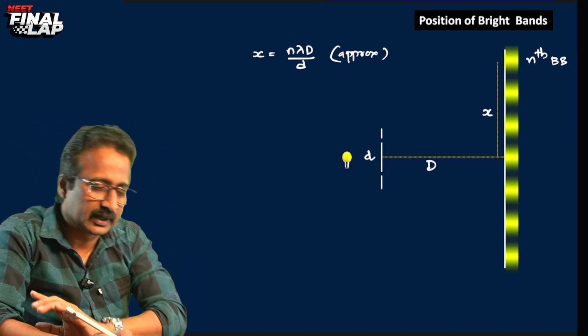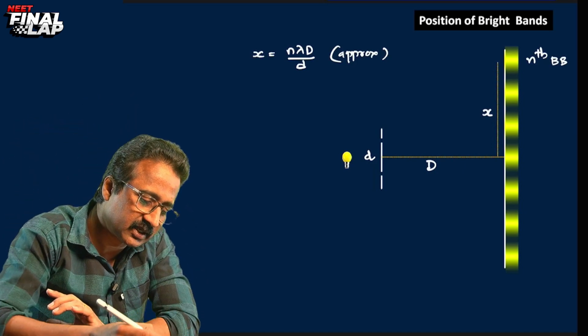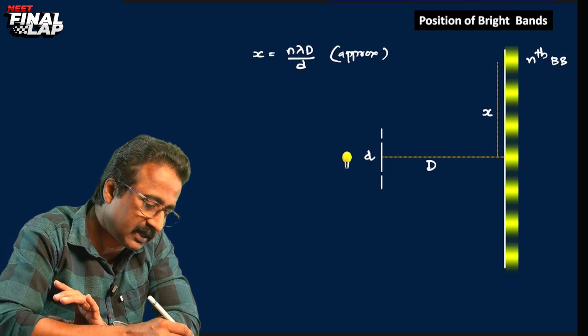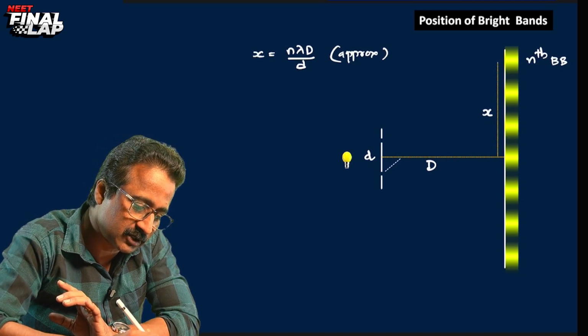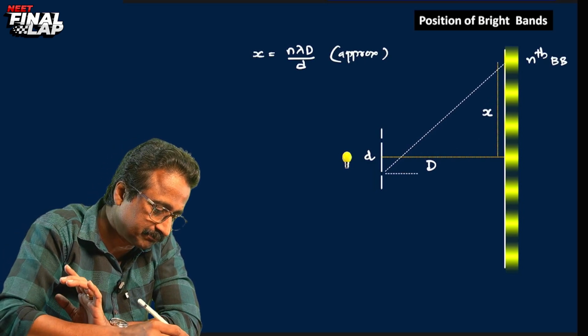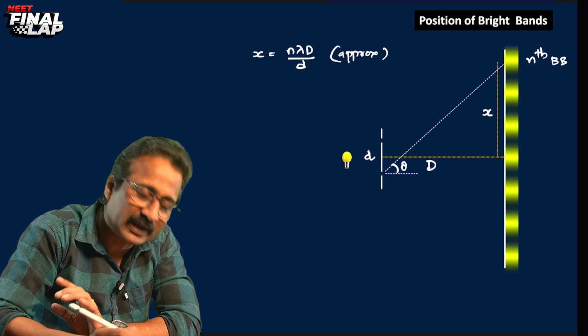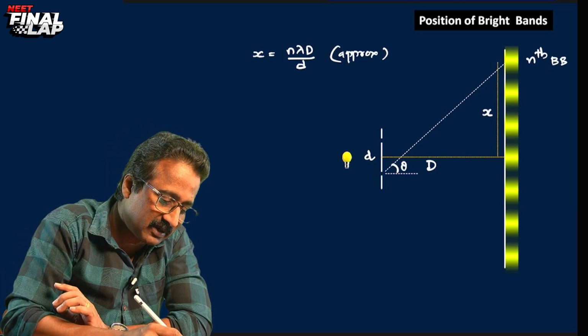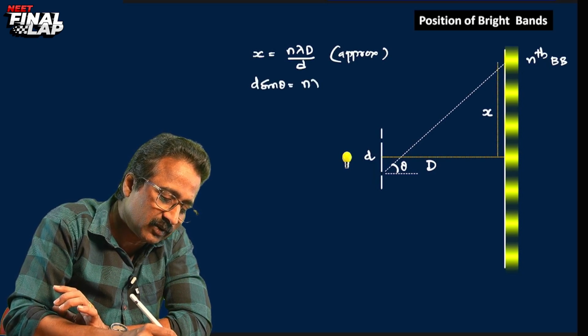To get the correct location of the band, we depend on a certain angle, the angular position of the nth bright band. Suppose this is the nth bright band angle. That's accurate. If you want to find the angular position of the nth bright band, you depend on the expression I'm writing now: d sin theta equal to n lambda.